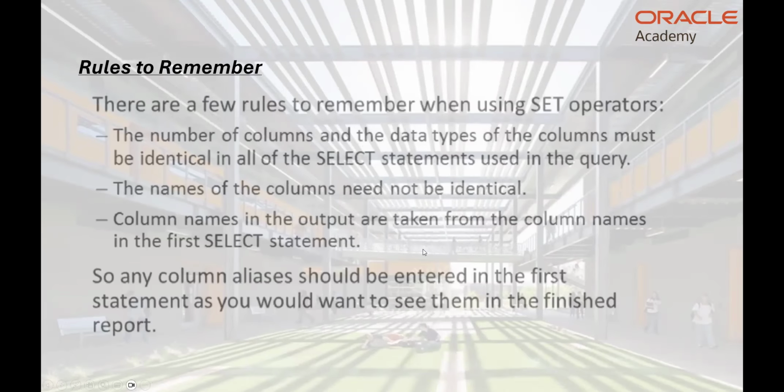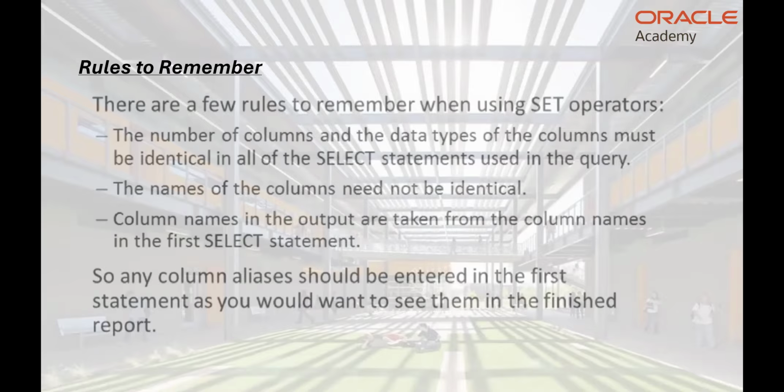Before we get into defining what we're going to do with these two tables, let's cover some rules you need to remember. The number of columns and the data types of the columns must be identical in all the select statements used in the query.